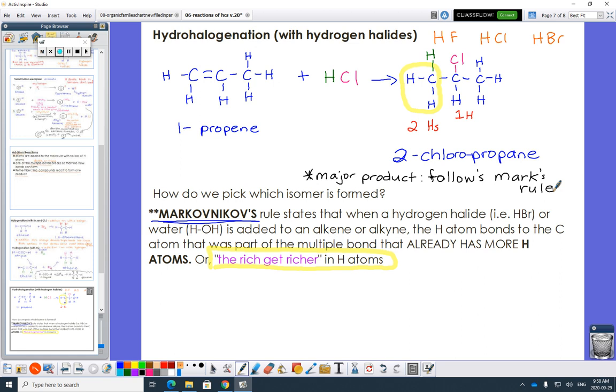But the minor product doesn't follow the rule.